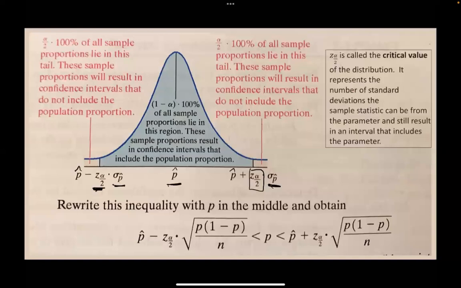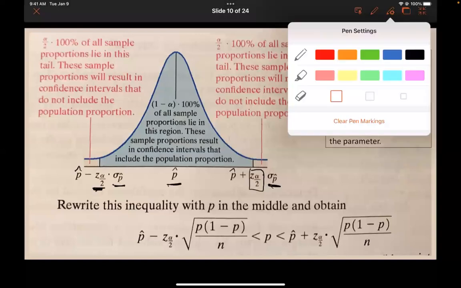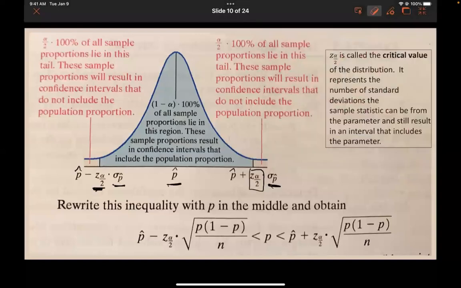So this right here, I forgot that this part was on here. This z sub alpha divided by 2 is called a critical value. It is the critical value because it tells you as far as your interval can go. It represents how many standard deviations you are away from your p hat and still include the parameter.